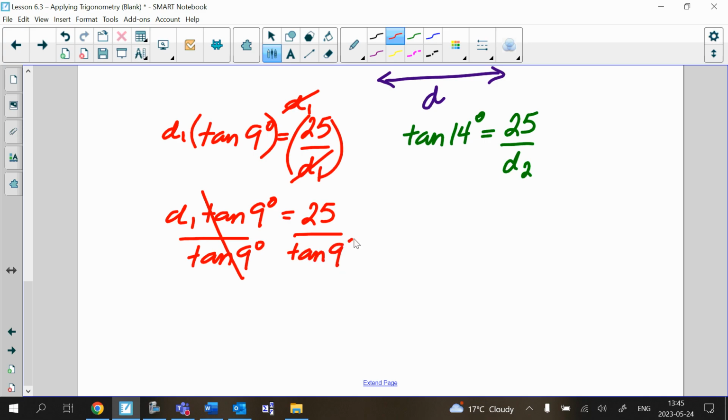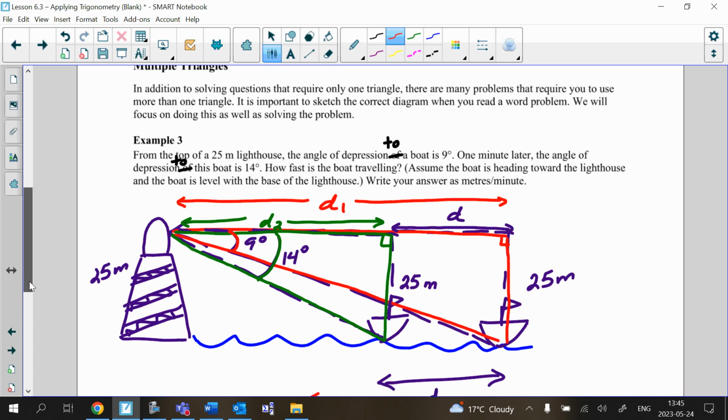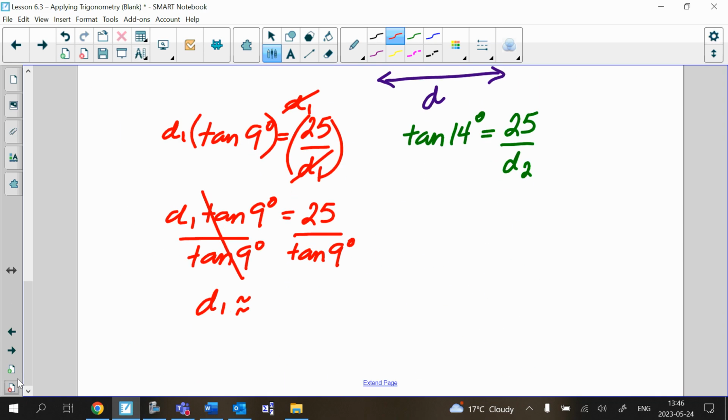So to find D1, I'm going to do 25 divided by the tan of 9 degrees. And I'm just going to go to the nearest, what is it, meter? Is that what we're in here? Yeah, 25 meters. So 25 divided by tan 9 will give me approximately 158 meters. So when this whole situation first started, the boat was 158 meters out.